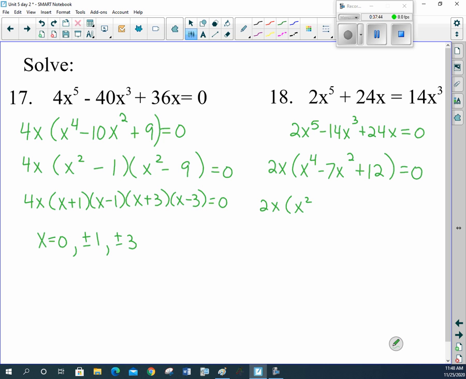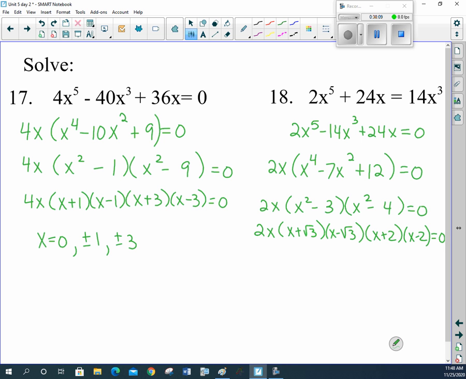So x squared and x squared. 12, I think I'll use the factor pairs of 3 and 4. And they're both subtractions. So these ones are not bad for me to factor as difference of squares, so I think I'll just keep factoring: x plus the square root of 3, x minus the square root of 3, x plus 2, x minus 2, whole thing's equal to 0.